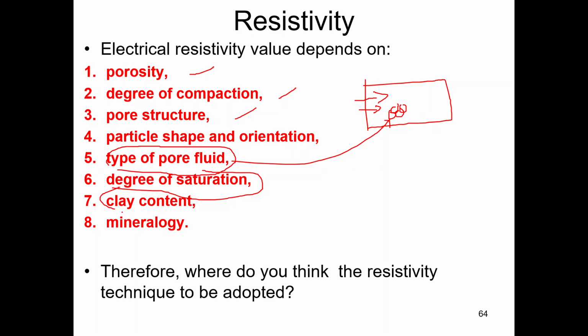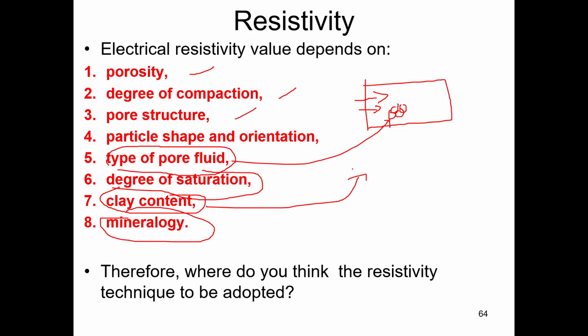Then clay content. Why is clay content important? Because we have a few types of clay, and some clay keeps the moisture higher than other clay. So it depends on the clay type, clay content, and also mineralogy. So these are the factors that influence the resistivity.